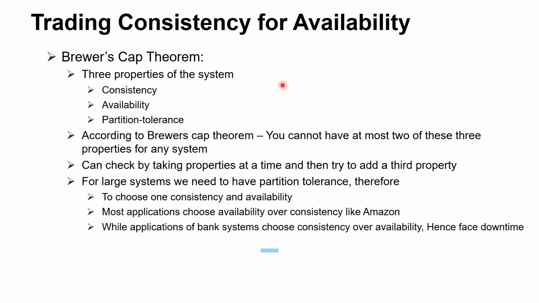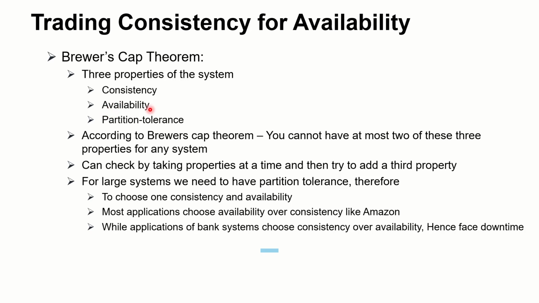So what Brewer's CAP theorem says is that we cannot have more than two of these properties. We can at most have any two of these properties. Let's say we have consistency and availability. For consistency, in all the sites we have the same copies, that means all sites have the same data at any point of time, and availability means at any point of time our system is able to handle our request, but it will not be able to handle partition tolerance in that case.